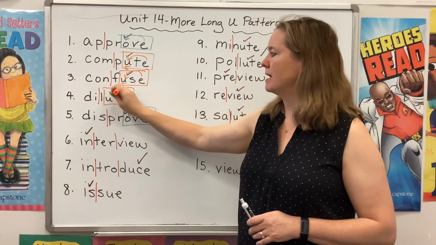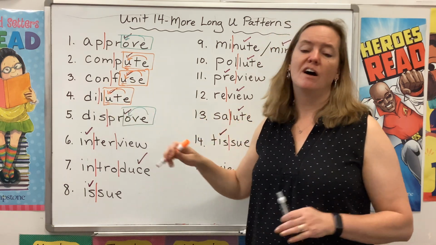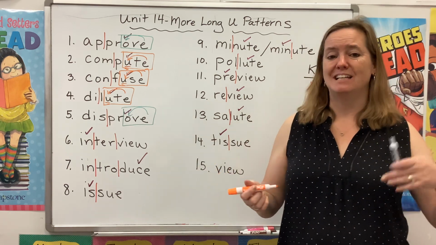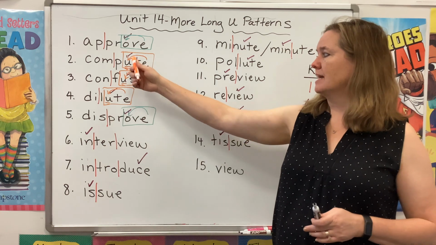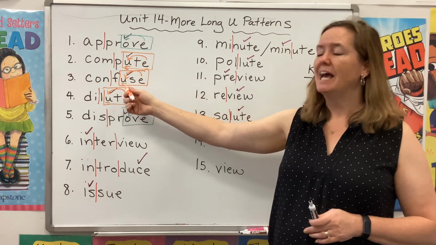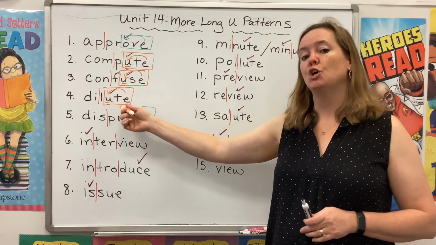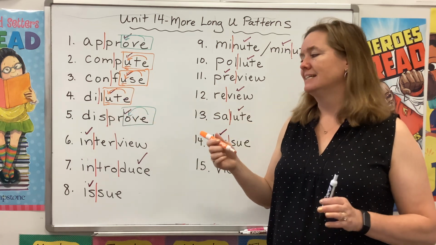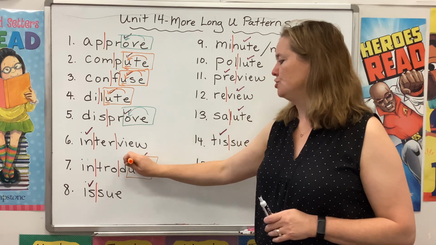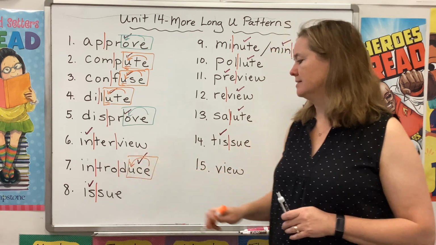Now we've talked about this before, right? Long U has 2 different pronunciations. Sometimes it says U in words like compute or confuse, and sometimes it says oo in words like dilute and introduce.